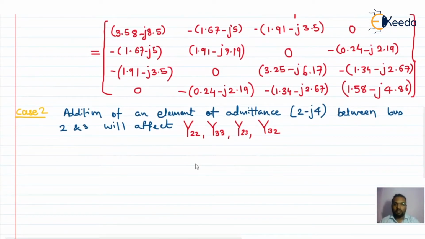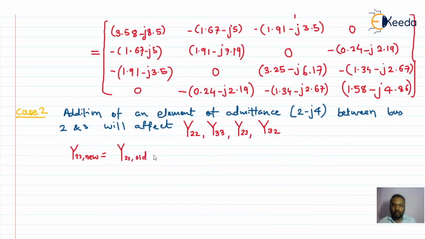So let us see how it will affect, or what changes we will observe here. First I'll write the y22 new value. It will be y22 old value plus this term, which is 2 minus j4.